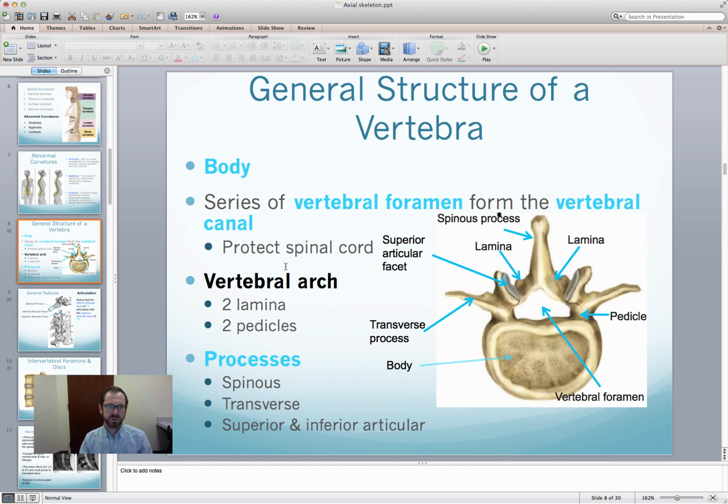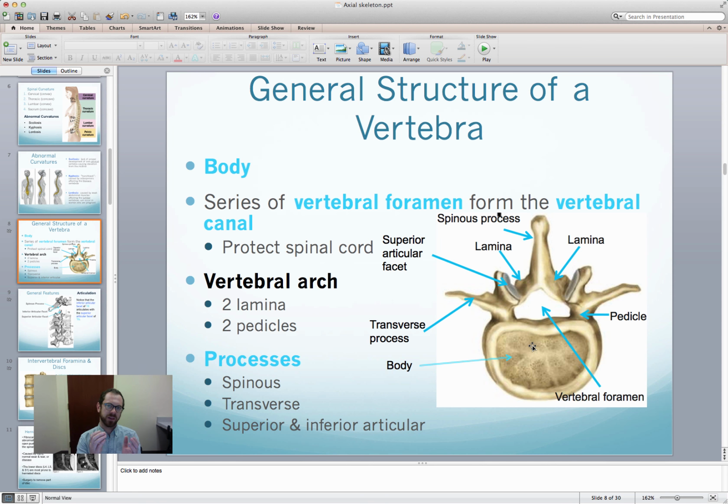Let's go into just the general structure of vertebrae. This image is of a typical vertebra here, and this bigger portion here is called the body of the vertebra, and this is in this little depression here.